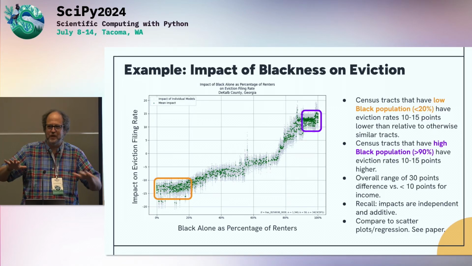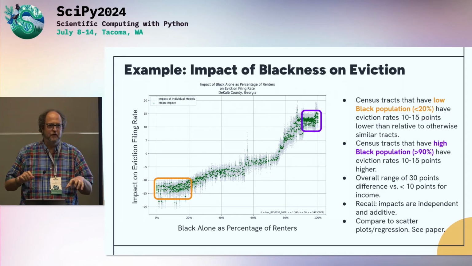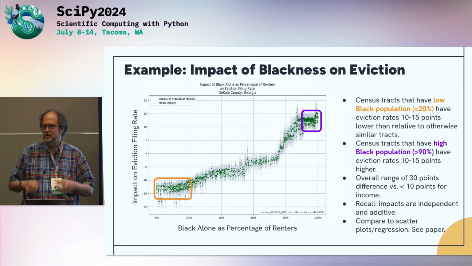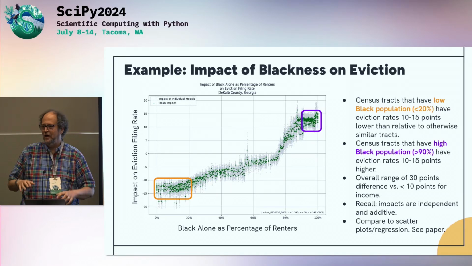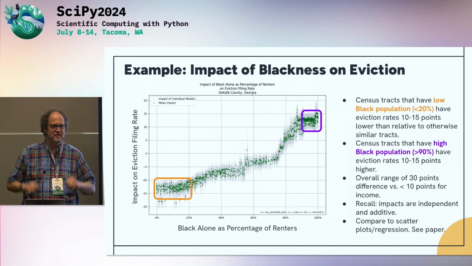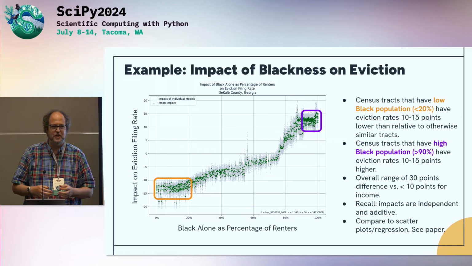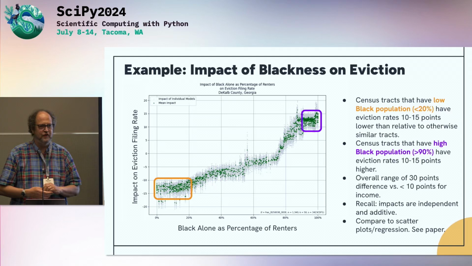Because eviction is very localized, subject to local laws and rules and conventions, this also lets us do a meta-analysis, which is in progress now, to ask what local policies are associated with bias in eviction. There have certainly been studies of the impact of all these variables on eviction in the past, using regression analysis. The Eviction Lab at Princeton, where we got some of our data, has done a fair bit of this.